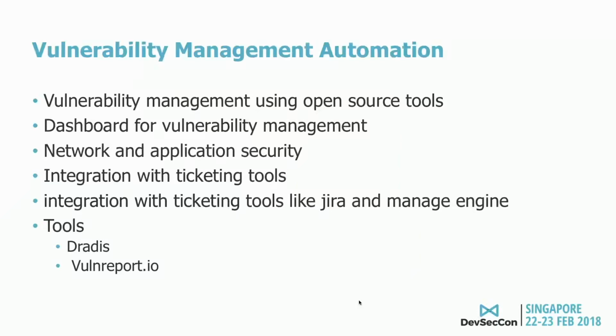Dradis supports CSV, Nessus format and PDF format. Vulnreport supports CSV and PDF formats as input, and then you can see all the vulnerabilities and their stages in the dashboard.